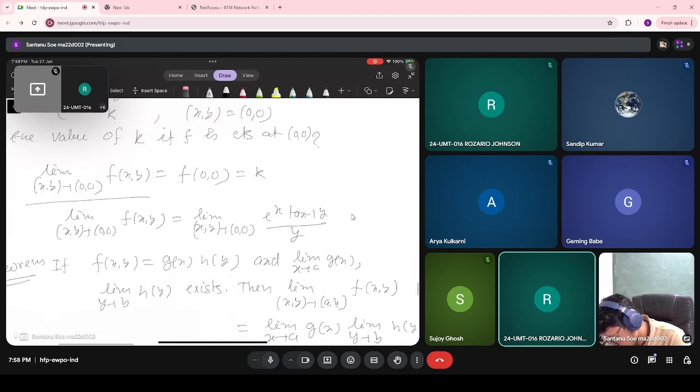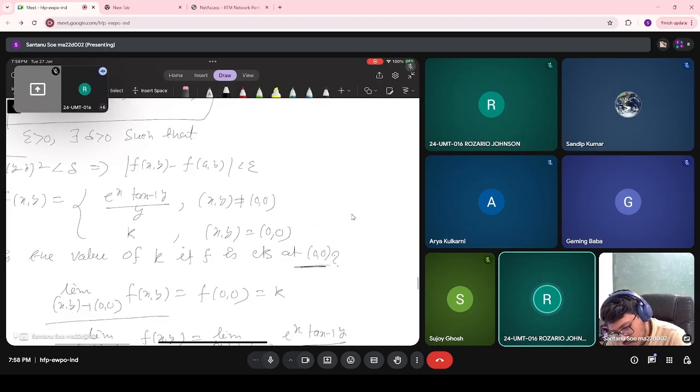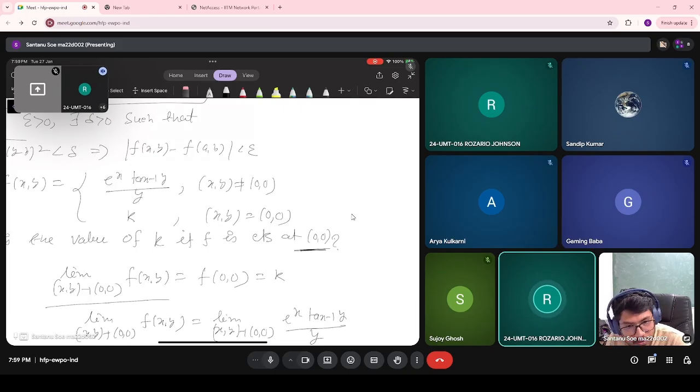They asked that if f is continuous at 0 comma 0, then what is the value of k? Yes, they are asking if the function becomes continuous at 0 comma 0, then what value should be placed in place of k? One second.